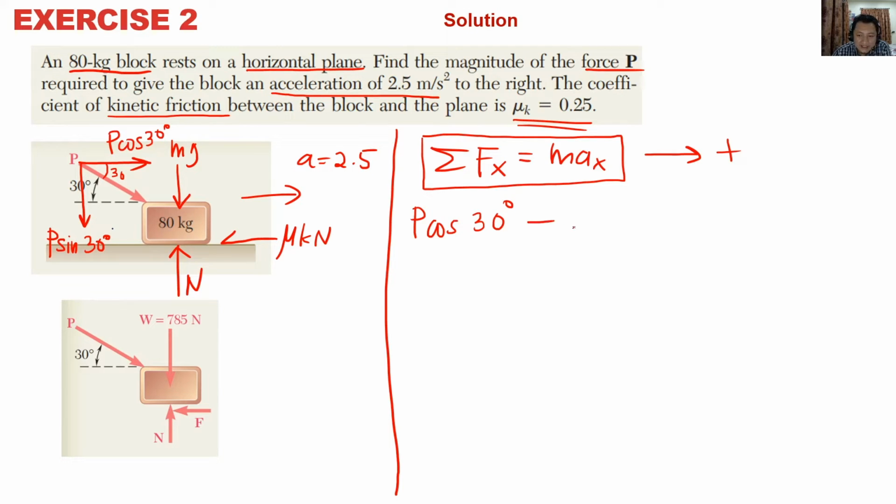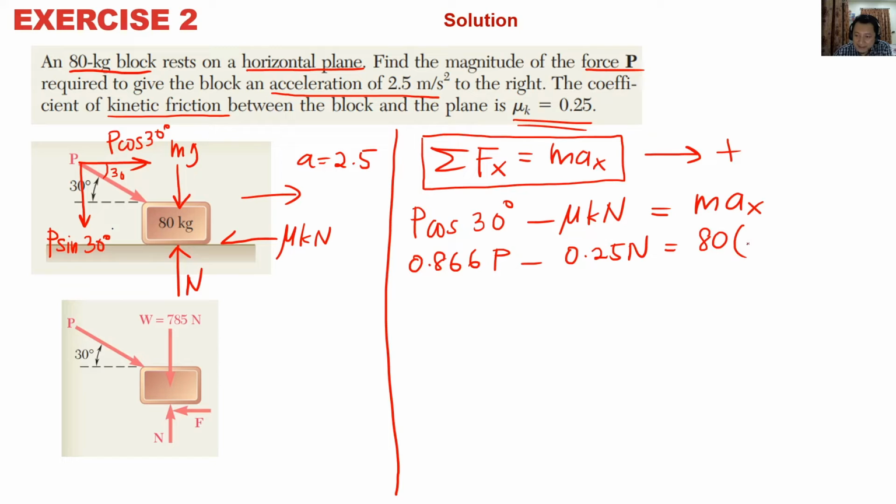Apa lagi minus mu k times normal. I think that's it. MAX. P you don't know. 0.866 P minus mu k 0.25 normal kali dengan mass. Mass again, letak 80 je. Tak payah nak letak 9.81.